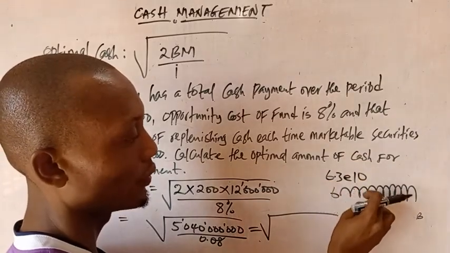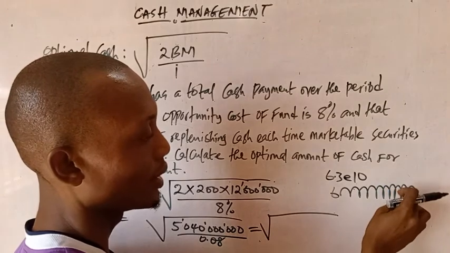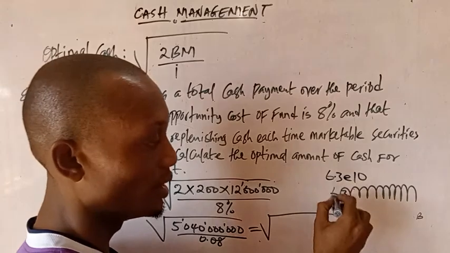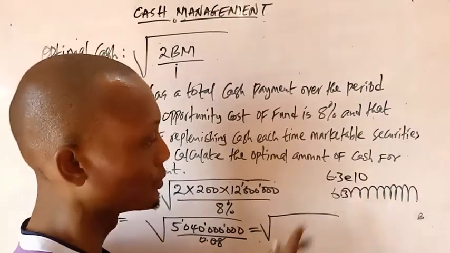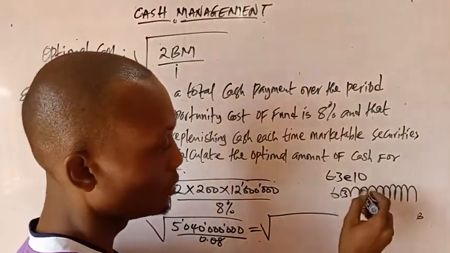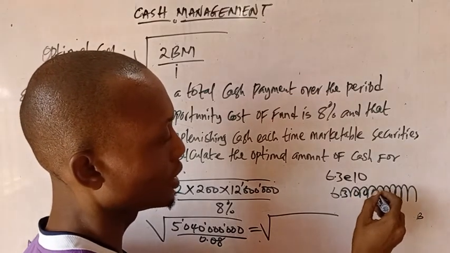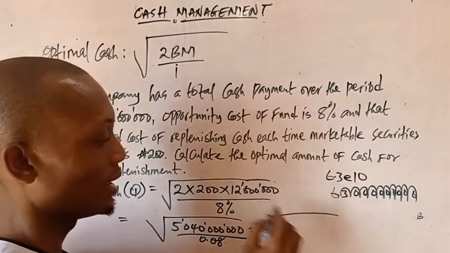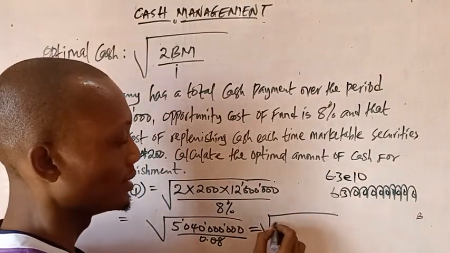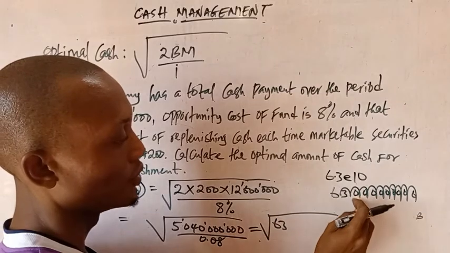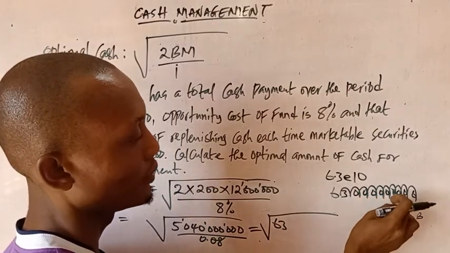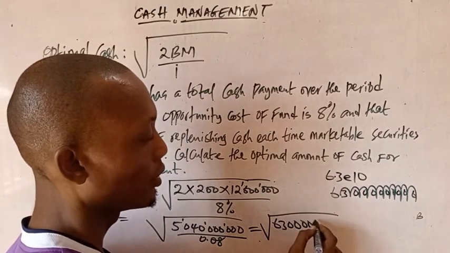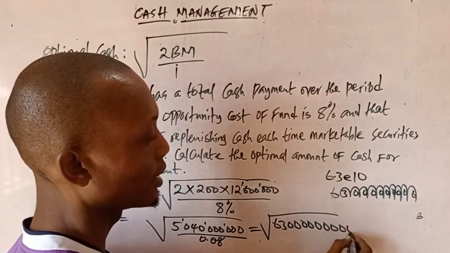So therefore, you have your 3 here. The remaining shift you fill with zeros. So what you are going to have here is 6, 3, and how many zeros? 1, 2, 3, 4, 5, 6, 7, 8, 9.